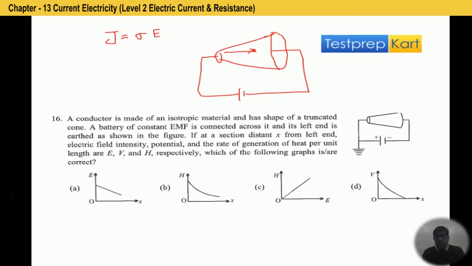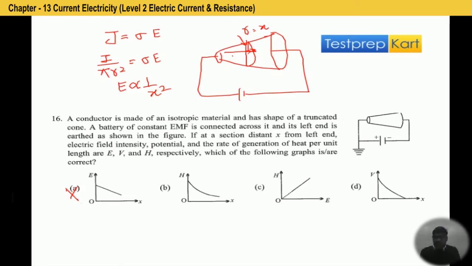If at any distance the cross-sectional radius is R, then J can be written as I over pi R square, which is sigma into E. So at any distance R, or we can say X, the electric field is inversely proportional to X square. It means option A is not correct.